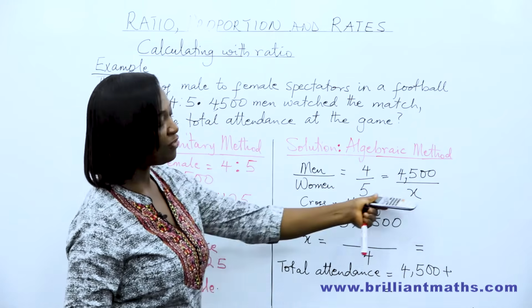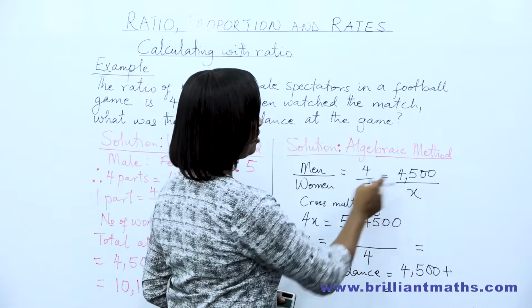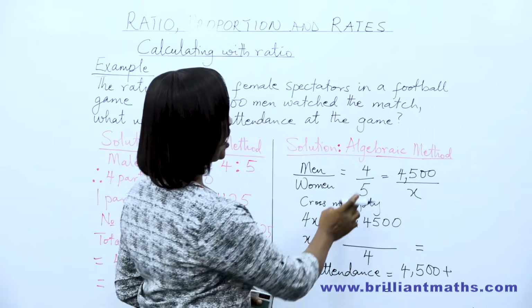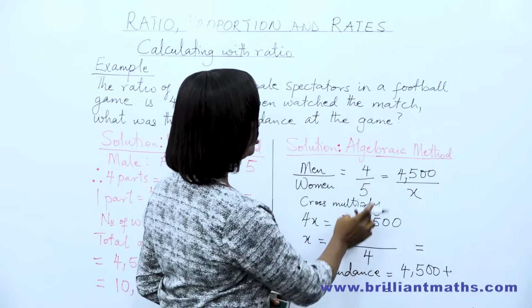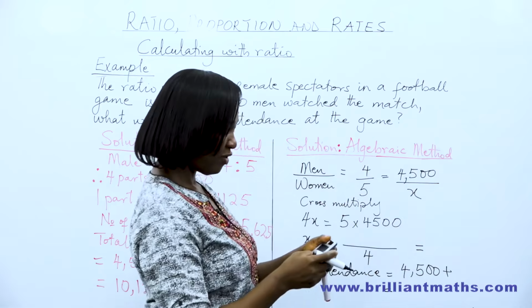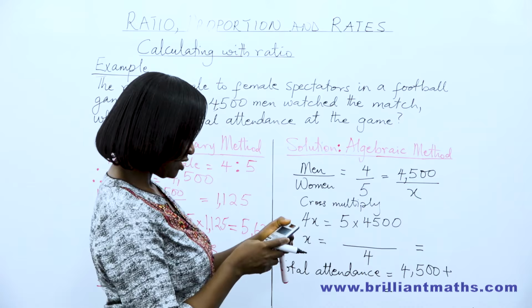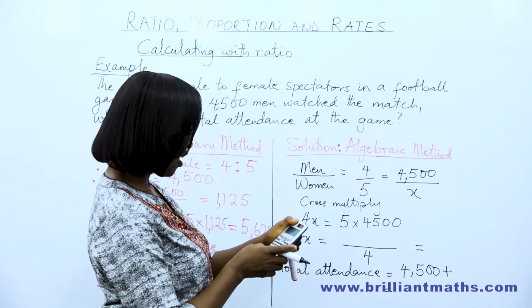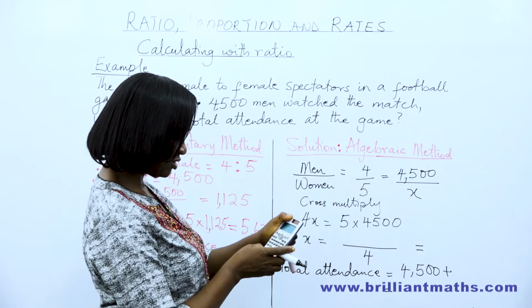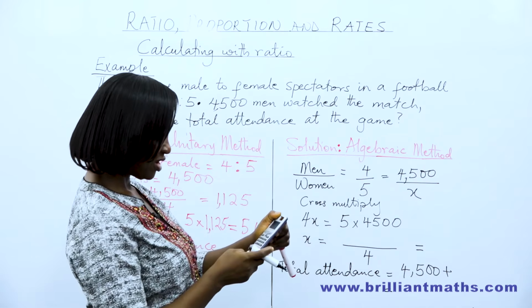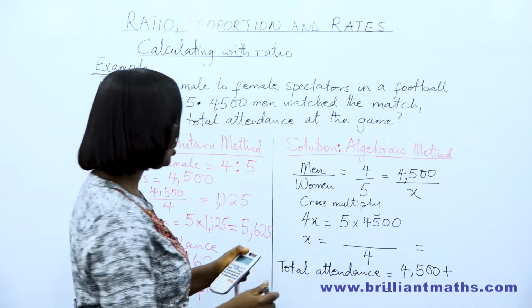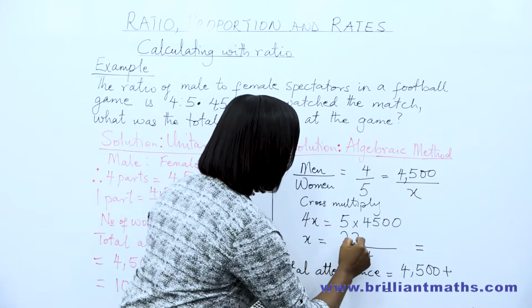So to find x, you cross multiply. So if you cross multiply, 4x is equal to 5 times 4,500. So let's do that. 5 times 4,500. And that gives us 22,500.